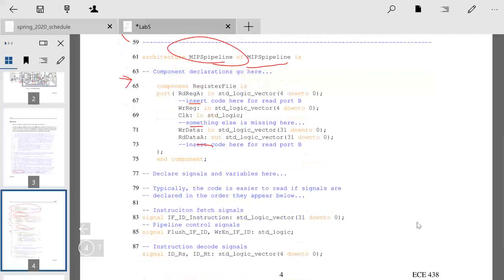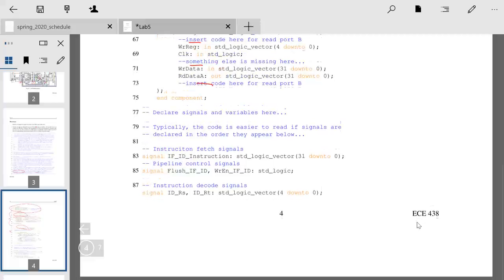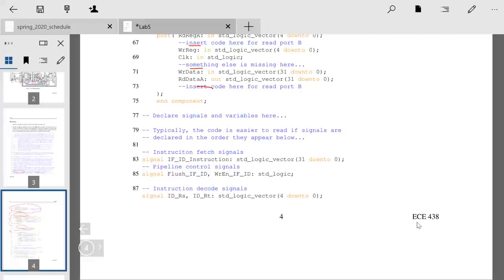And then we want to declare all of our intermediate signals following our components. I don't think there's anything in the language that requires that ordering, but it just makes things a little easier. And the other thing, and line 79 gives you a little bit of a tip, is that you could declare your signals in really any order, but it's a lot easier if you declare them in the order that they're first encountered.